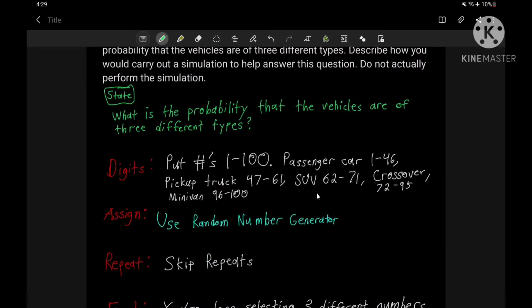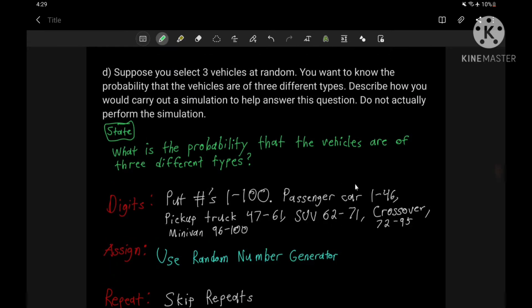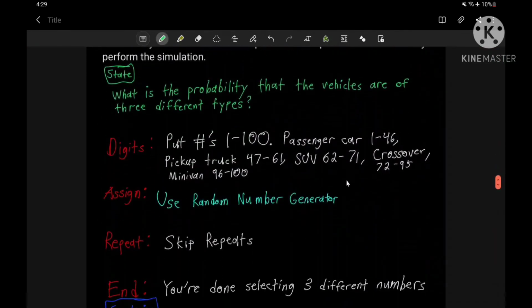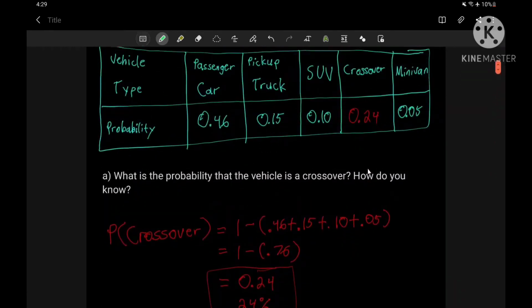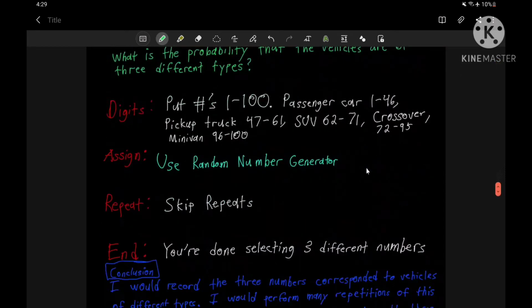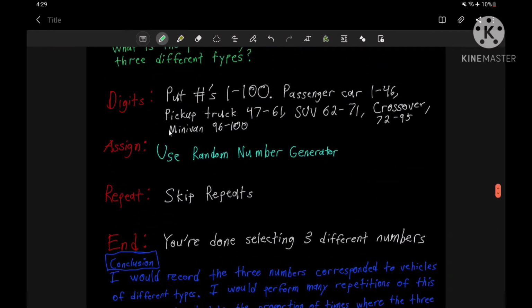Then adding 10 more numbers, 62 through 71, is for the SUV. For crossover, you add 24 more numbers, 72 through 95. And finally, minivan, 5 more numbers, 96 through 100.